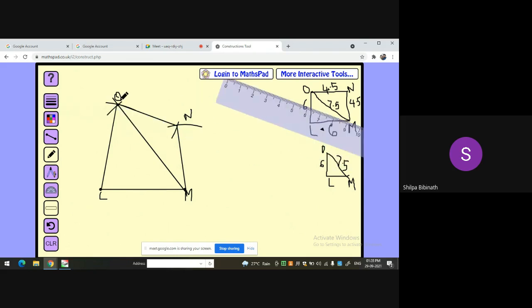Okay, so this is the quadrilateral which we got. Write down the measurement, everyone. So it will be 7.5 centimeter of this diagonal. Okay, 7.5 centimeter. Okay, and here LM is 6 centimeter. Then here it is 4.5 centimeter. Here it is 6 centimeter. Here it is 4.5 centimeter.